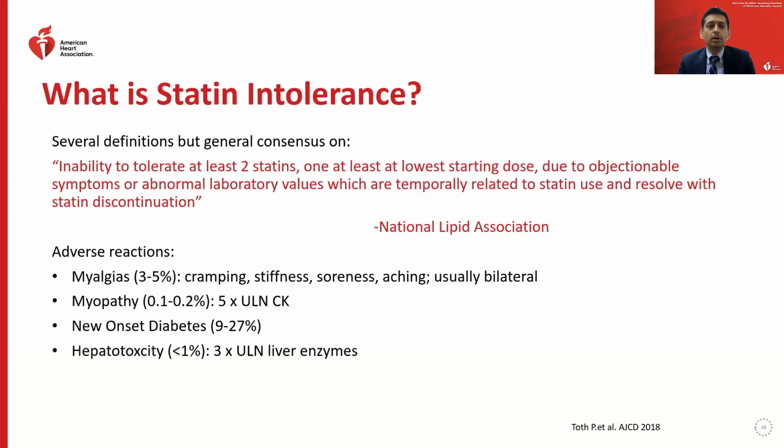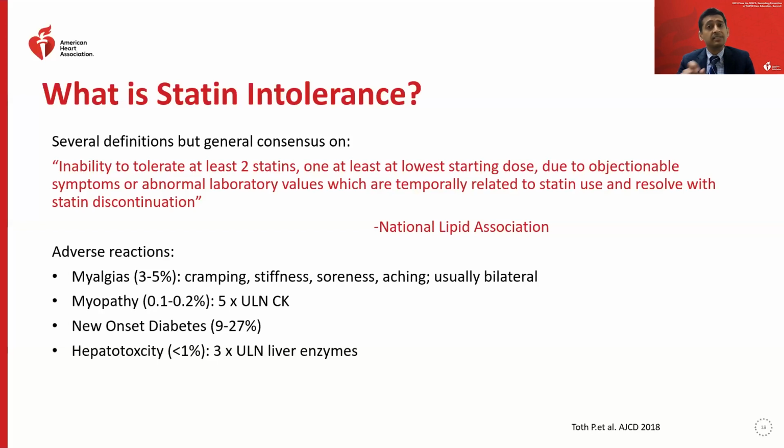And as uncommon as statin intolerance truly is based on the literature, the things that we see more often are myalgias at a 3 to 5% rate, essentially cramping, stiffness, soreness, aching, usually bilateral of the proximal muscles. Myopathy, where you have a CK level that is 5 times the upper limit of normal. New onset diabetes, which, depending on what you read and what data you're getting the information from, has ranged anywhere from 9 to 27%, but probably much lower than 27%.